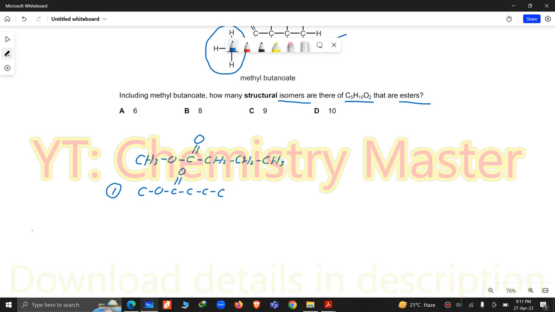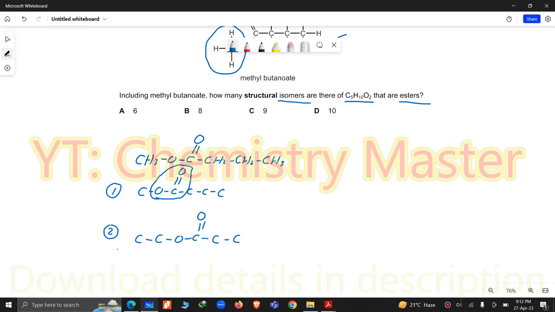How else can we make isomers from here? I can do this simply by changing the position of this ester group. If I change its position, then I can get another isomer. Let's suppose carbon, carbon, and then oxygen, and then carbon with carbonyl group, and then we have carbon and carbon. This is isomer 2. You can add the hydrogens to complete the structure.